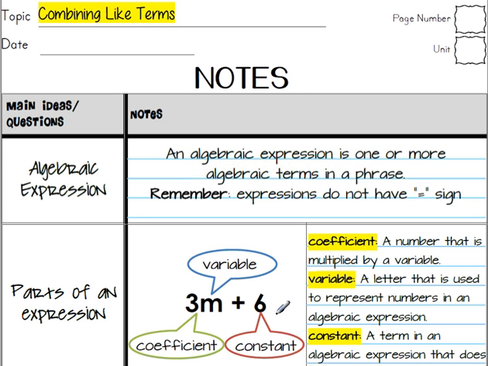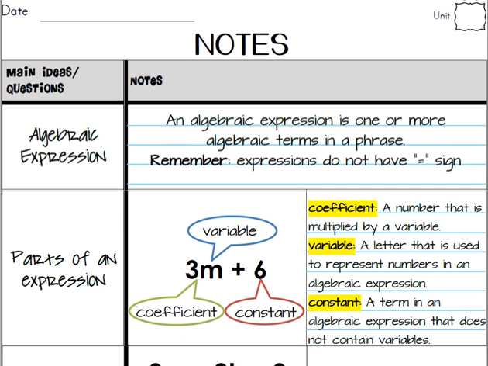And lastly, we have our constant, which in this case is 6. A constant is defined as a term in an algebraic expression that does not contain variables. If you're not finished copying these down, pause the video and push play when you're finished.